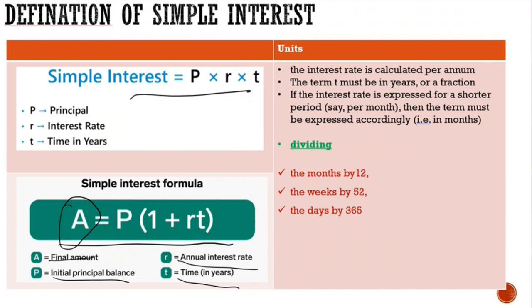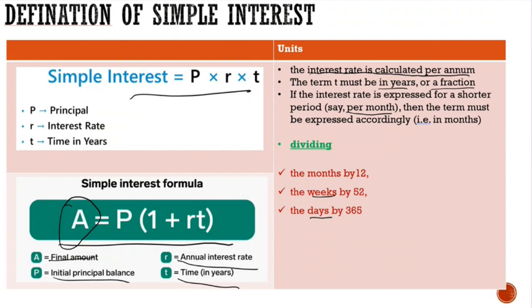your initial amount that you would put in. And then what is important here is that the interest is calculated per annum. The term T must always be in years. This is very important. Or a fraction. What do we mean by a fraction? If you've got a shorter period, maybe a month, or a day, or a week, you must always divide by that unit.